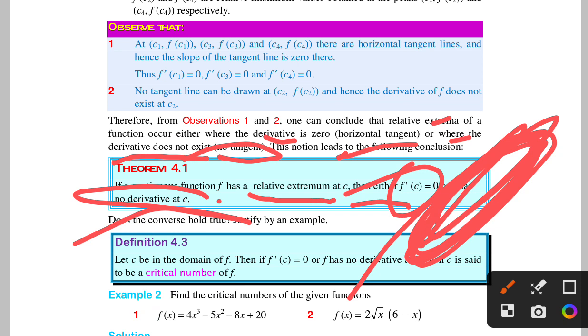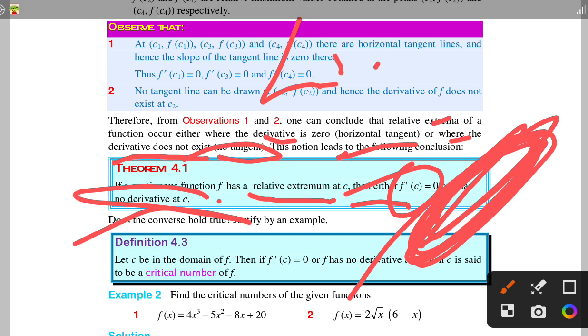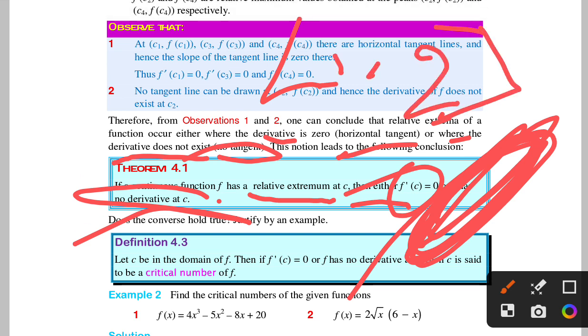Don't forget, when we talk about absolute minimum and absolute maximum, the function must be continuous and exist on that interval, a closed interval from 1 to 2.